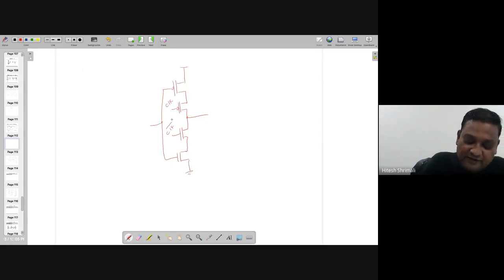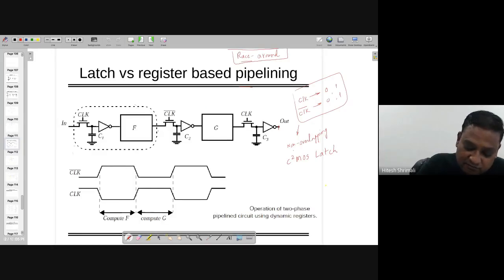So this is one of the latches which we have studied already. So if this is the D input, next might be, let's assume that f is the function which you want to evaluate. It might be static, it might be dynamic. Let's assume that it's a static function, or the static CMOS gate based combinational circuit.